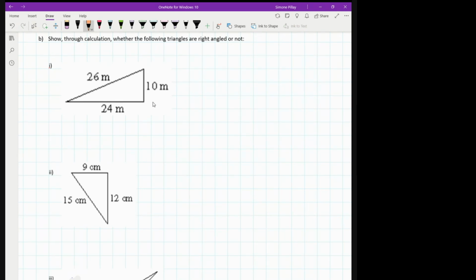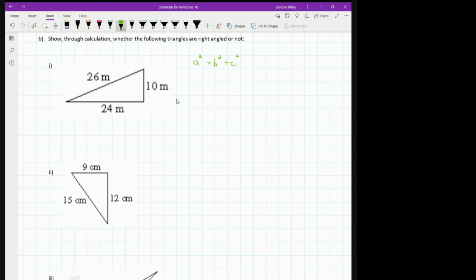And let us go and start. So the first thing I'm going to do, and let's do green, I'm going to say a squared is equal to b squared plus c squared, 100%. Now I'm going to substitute in some values. Which should I substitute in for my hypotenuse?